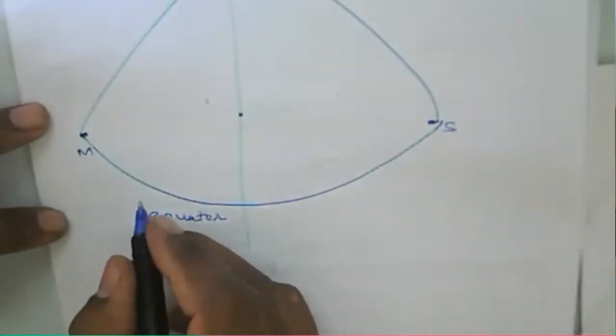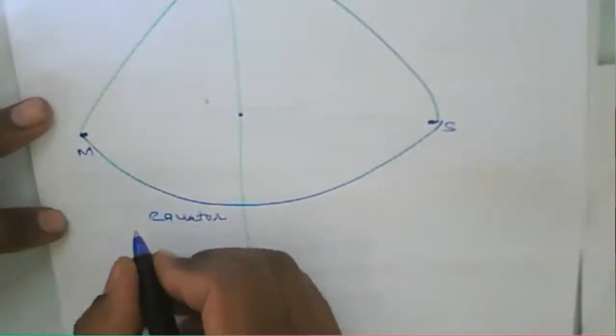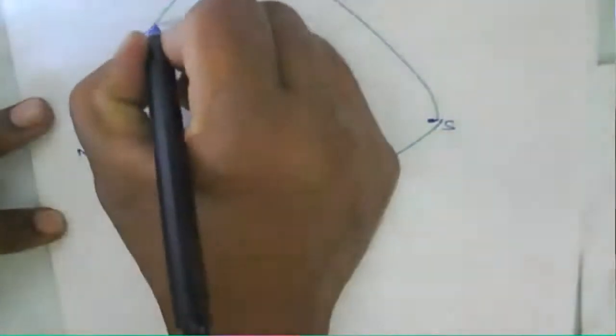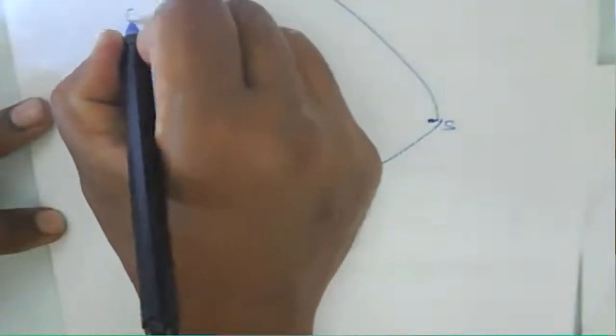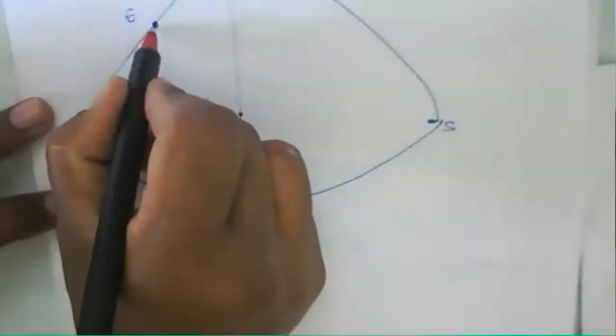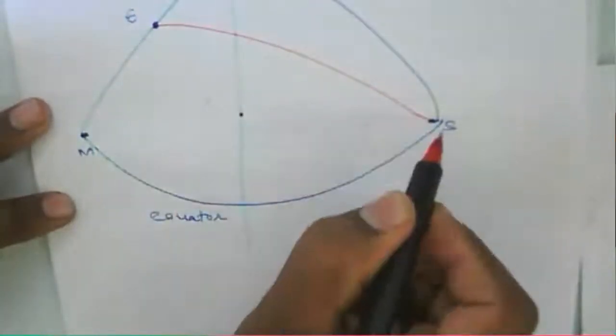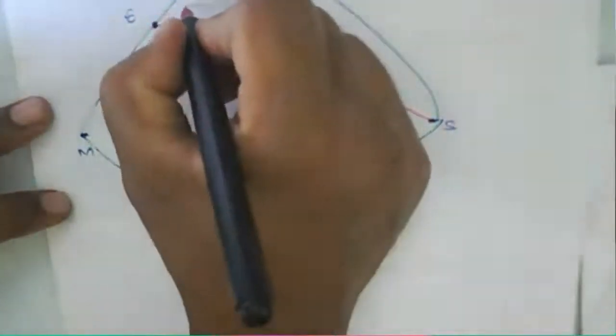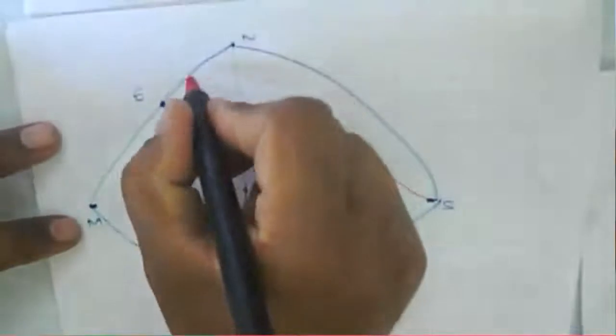Okay, so from this, this one is your earth station, and the line joining from this earth station to the subsatellite point here, and from the earth station to this north.